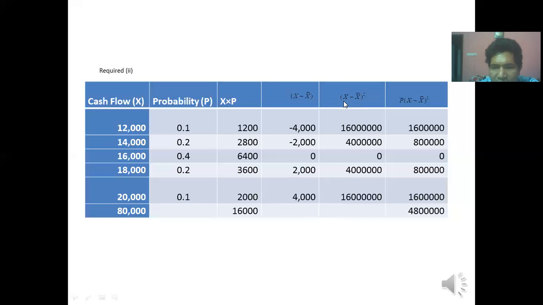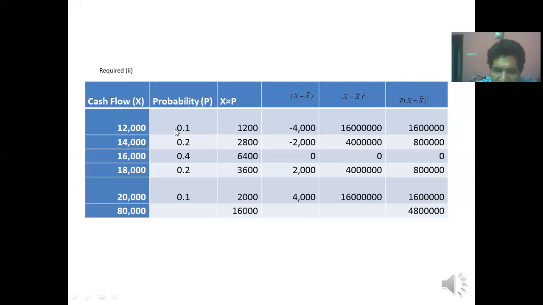So here x minus x bar, squaring this amount: 4,000 squared here, 2,000 squared here, 0 squared here, 2,000 here, 4,000 here. In the last column, we have to multiply by the probability.